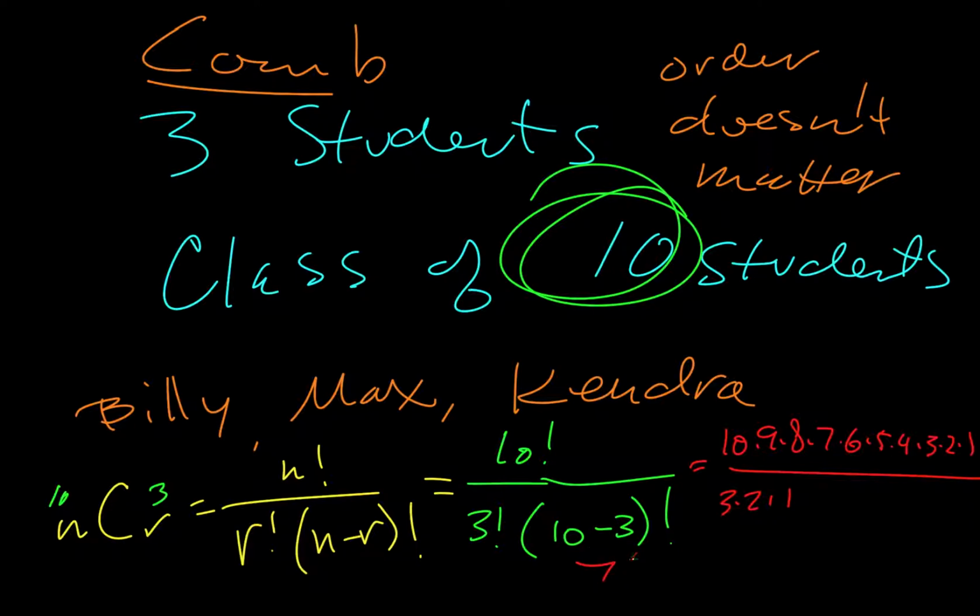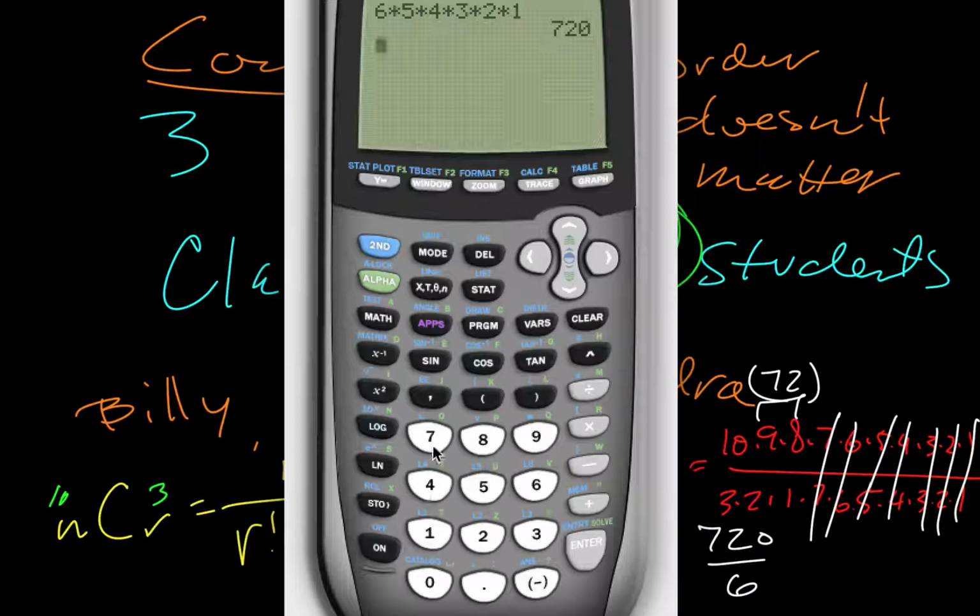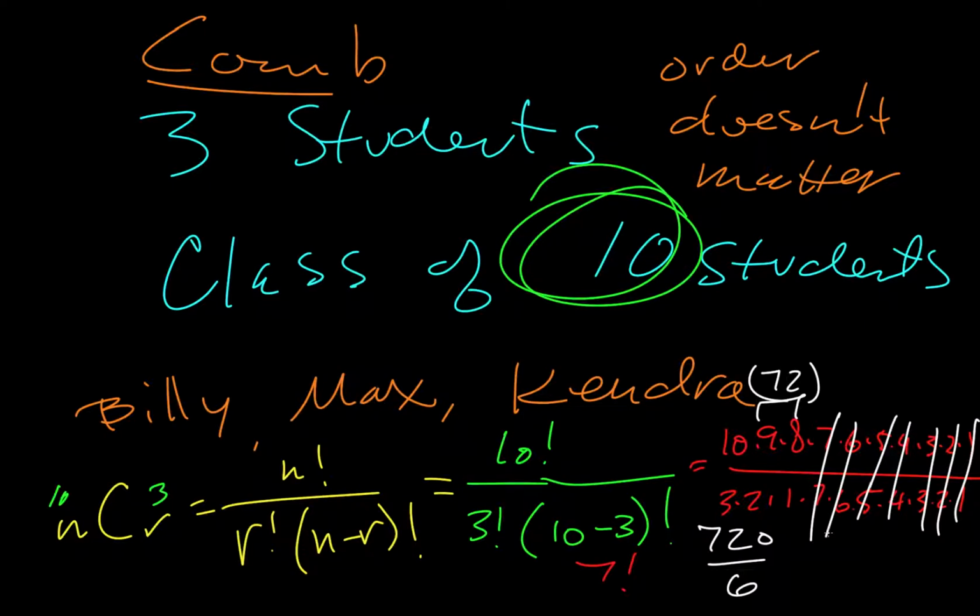And then 10 minus 3 would be 7 factorial. So we say 7, 6, 5, 4, 3, 2, 1. And cross out 1s, 2, 3, 4, 5, 6, 7. We multiply the bottom, we get 6. Multiply the top, we get 72 times 10, 720. And then we can do on our calculator 720 divided by 6, and that's 120.